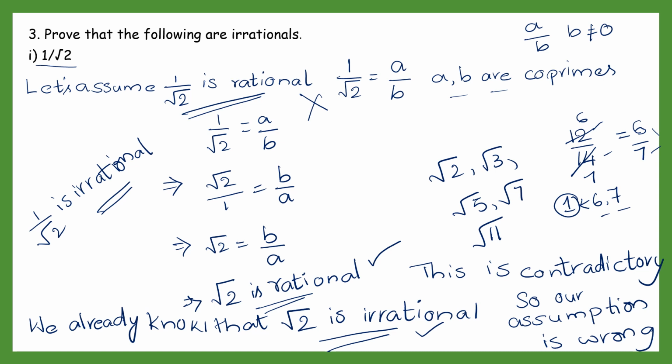Let's solve the next question. Prove that 7 into root 5 is an irrational number. Let's assume 7 into root 5 is rational. We'll assume this first and conclude that it is irrational.